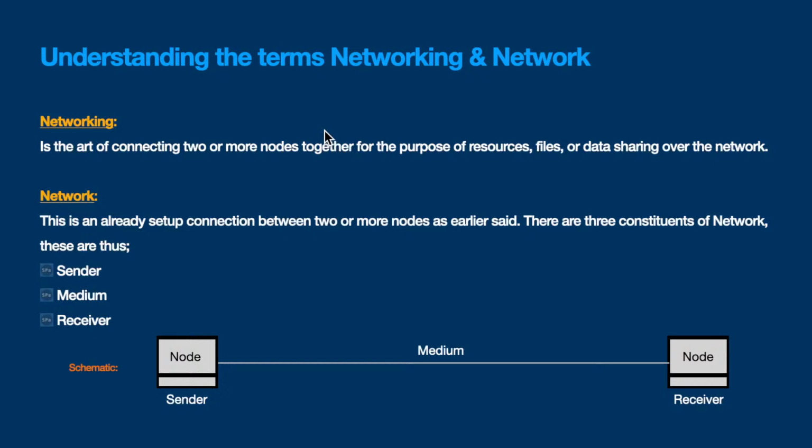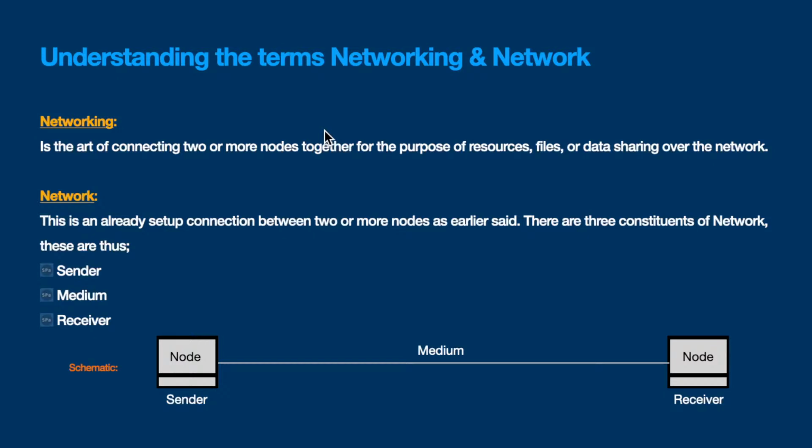When I use English, automatically you understand, then you break it down in your own mind into your own mother tongue. So there must be a protocol to be observed for nodes to communicate on the internet or on the network. We have a sender, we have the medium, and we have the receiver.